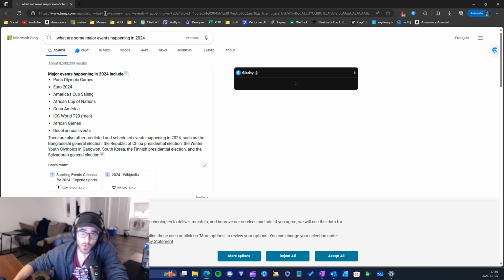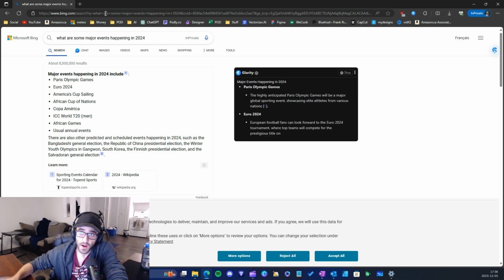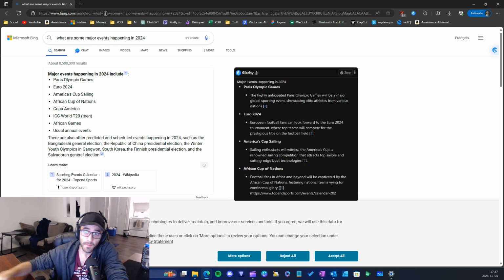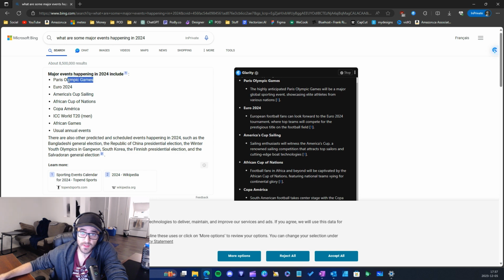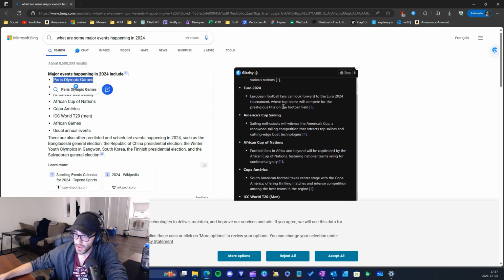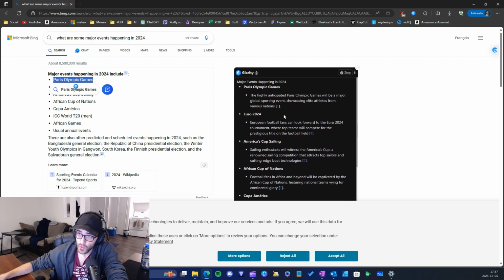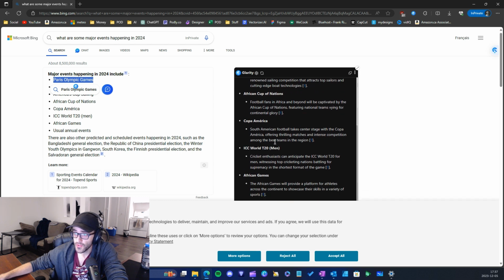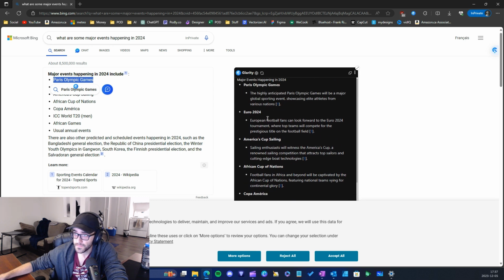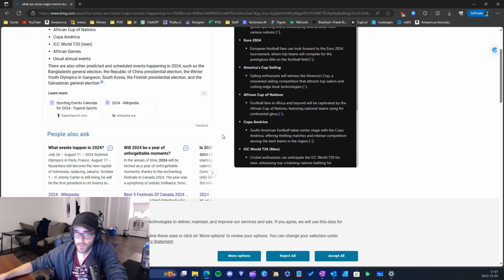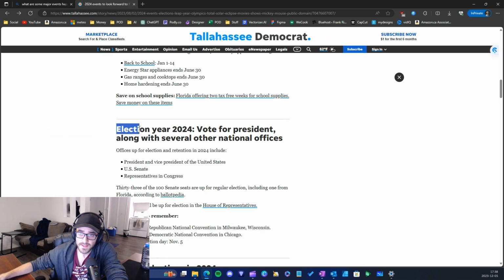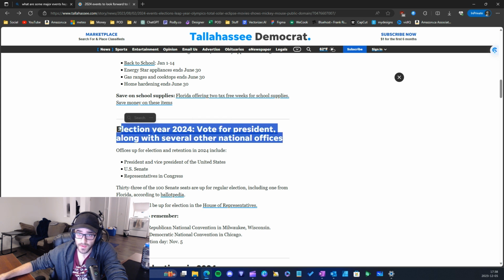So right now, I just Googled a bunch of major events that are going to happen in 2024. Here you can see that there's the Paris Olympic Games, which are the Summer Olympics that are going to happen in 2024. There's also some sort of European football games that is going to happen. Here I can see the election for the year 2024 that is happening next year.